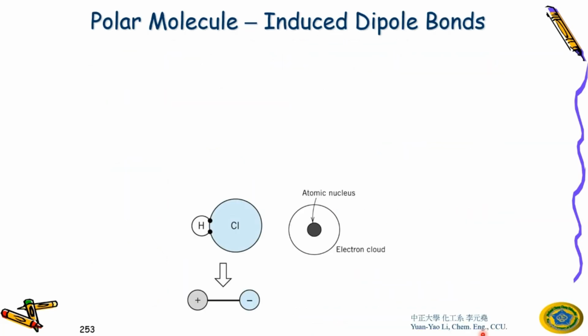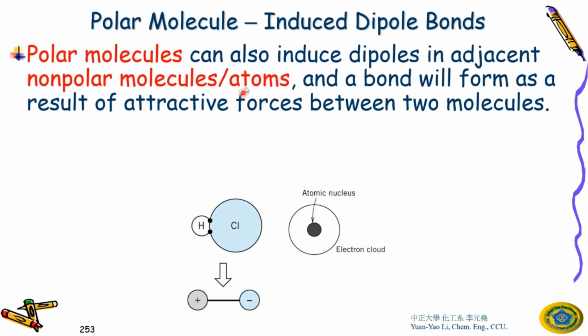So let me give you some more description about polar molecules and induced dipole bonds. Again, you have hydrochloride, and you have atoms which are neutral. There's no induced dipole or dipole here. When this species gets close to the hydrochloride, the polar molecule can also induce dipoles in adjacent nonpolar molecules or atoms.